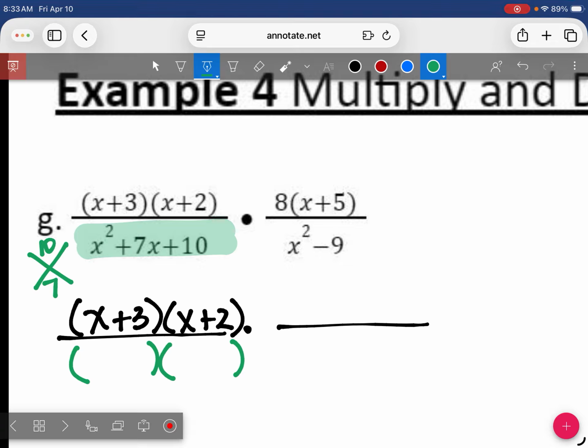Anybody know the numbers? Johan? 5 and 2. So we got positive 5 and positive 2. So we got an x plus 5 and an x plus 2.